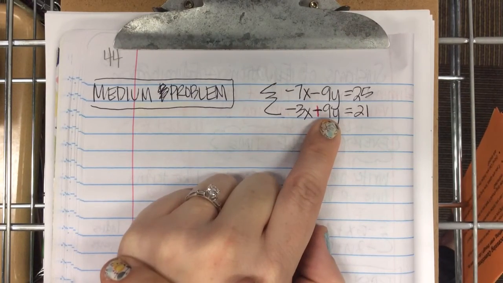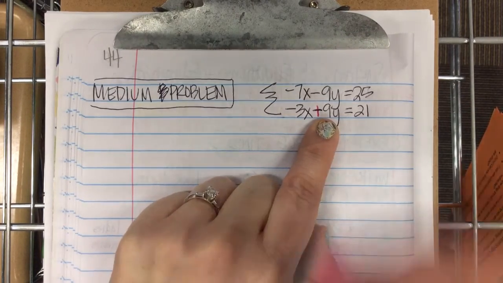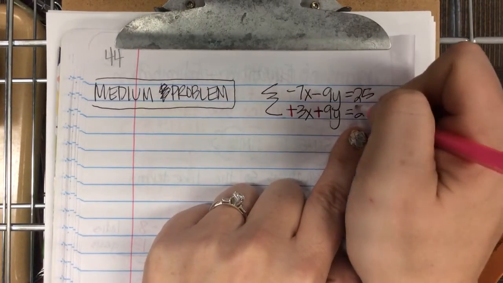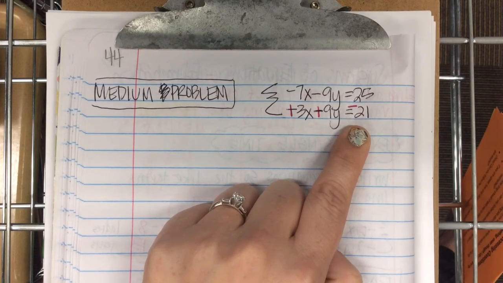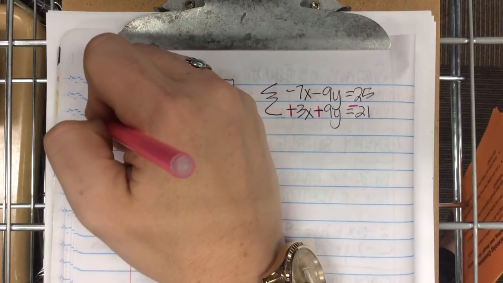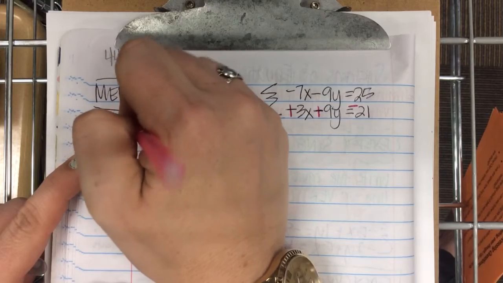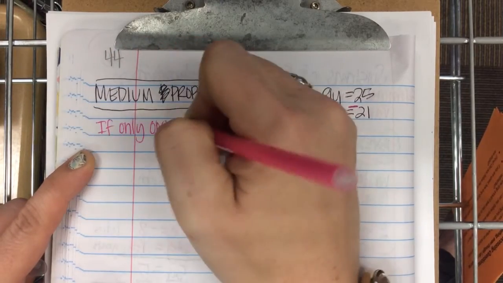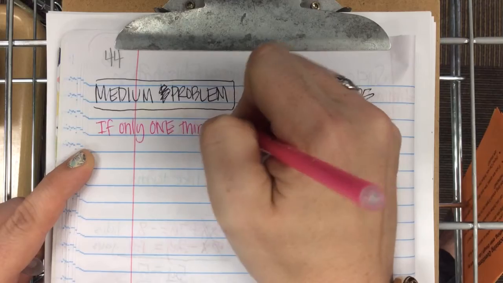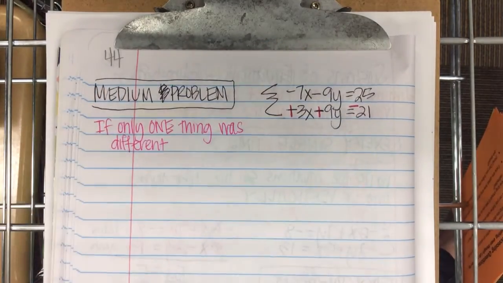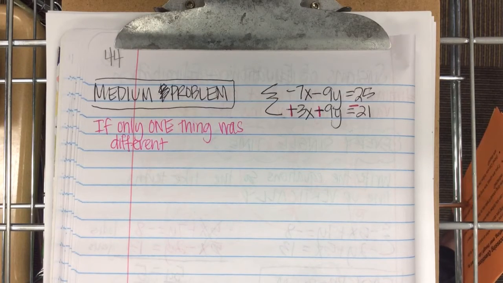I can change this, but what that means is I have to change everything in the problem. So medium problems are those ones where you look at it and you say, if only one thing was different, this would be an easy problem.